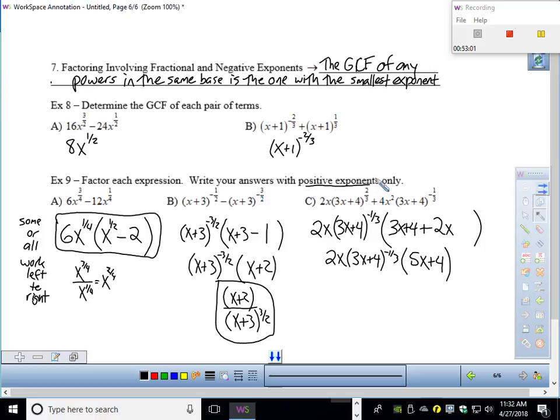Positive exponents only. And so does everyone see this right here? We've got to fix it. So the 2 is fine. The x is fine. That 5x plus 4 is fine. But the 3x plus 4 to the negative 1/3 comes to the denominator and now is a positive 1/3. And there you go.